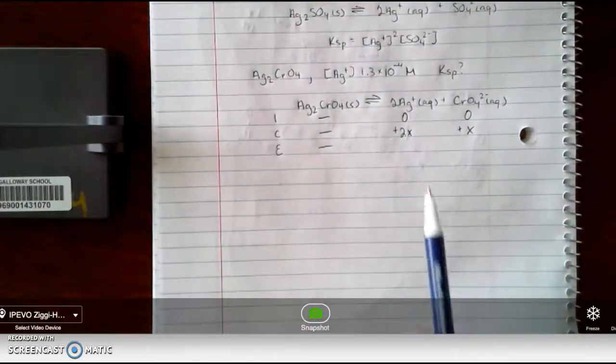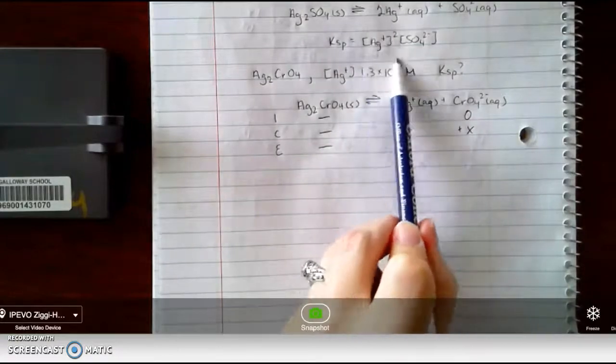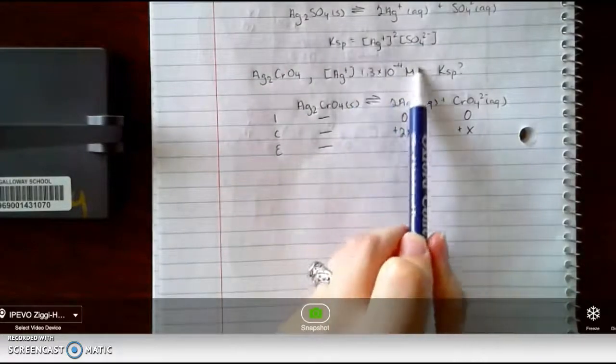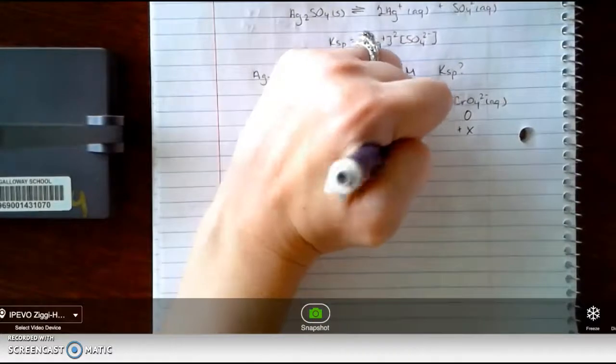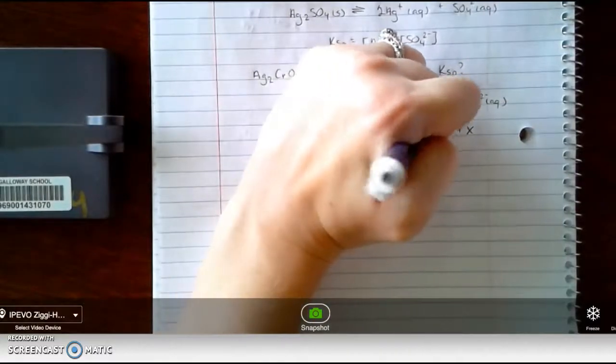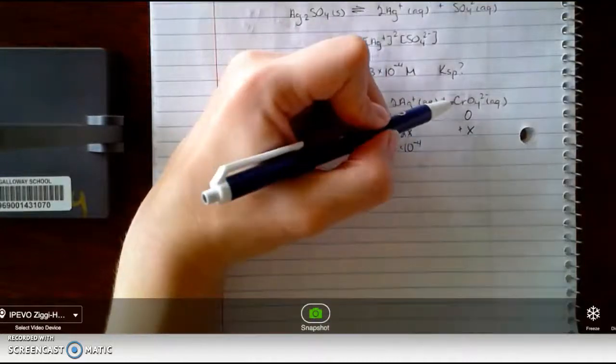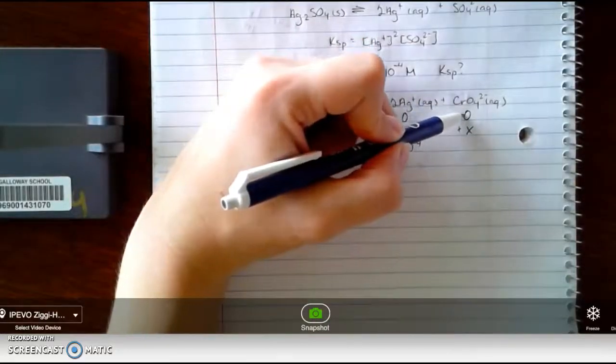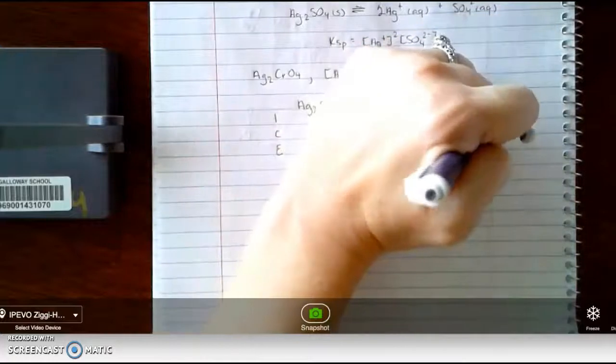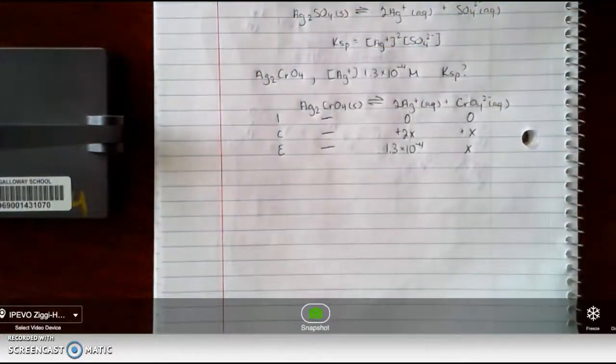All right, and now thinking about what else we know, our equilibrium concentration of silver is 1.3 times 10 to the negative fourth. We're given that information, and we also know that if we started with no chromate and we added x amount, our final concentration is going to be x.